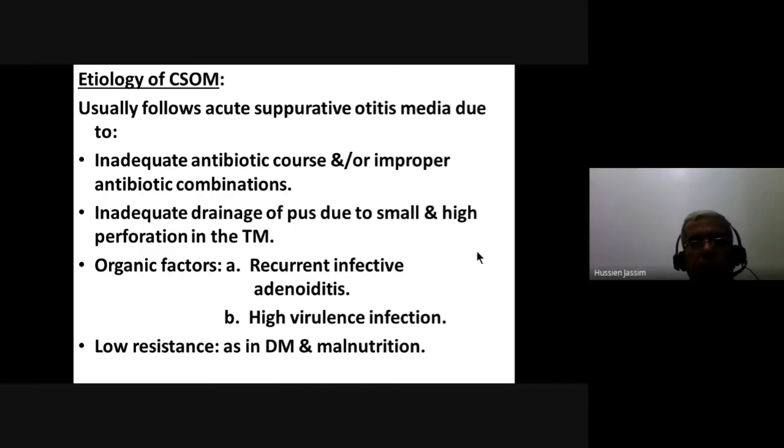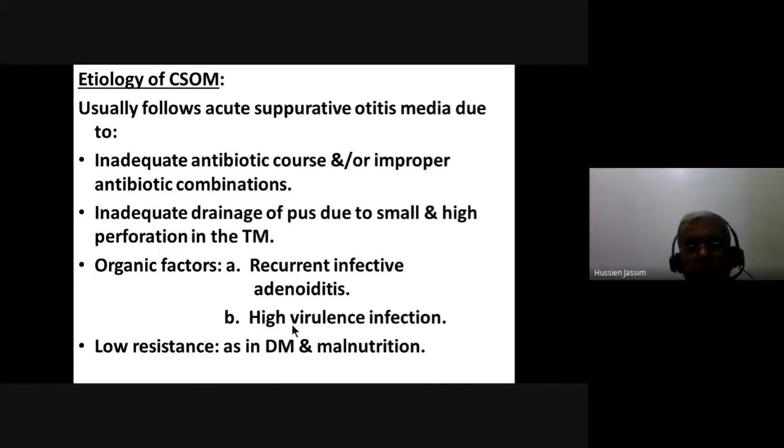What about the etiology here? Why do we get chronic suppurative otitis media? We said the usual history is as a complication of acute suppurative otitis media, either from an inadequate antibiotic course, improper antibiotic, or inadequate drainage of the pus due to a very small, high perforation in the tympanic membrane, or an organic factor such as recurrent infective adenoiditis, where the patient has a source of infection.